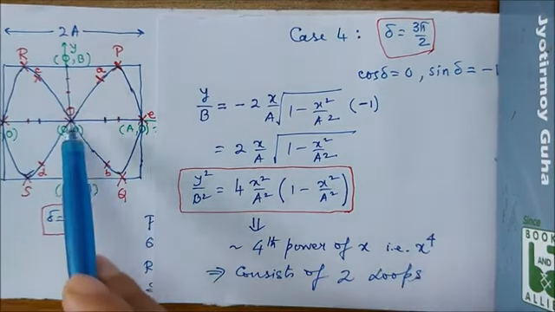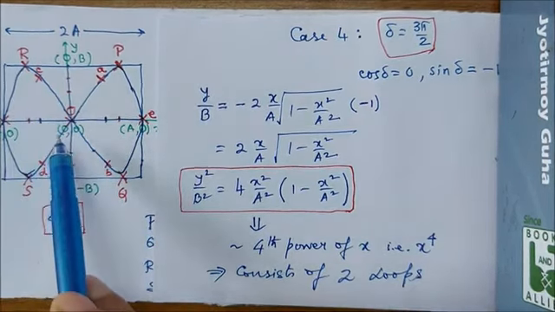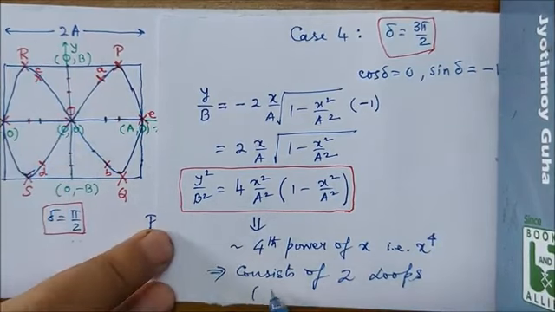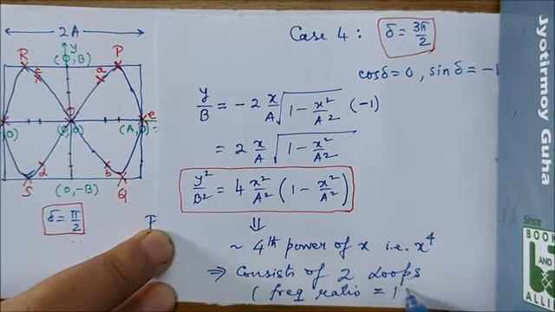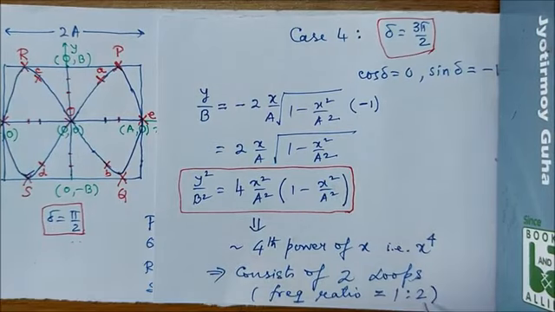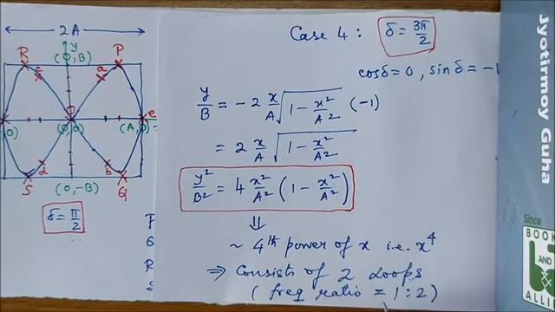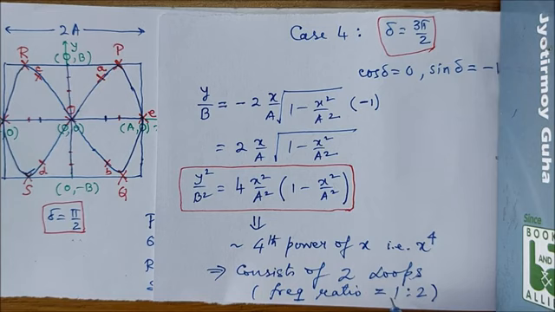This is one loop and this is another loop, because the frequency ratio is 1:2. Hence 2 loops. We now show all the Lissajous patterns for the 4 cases in a single diagram as follows.